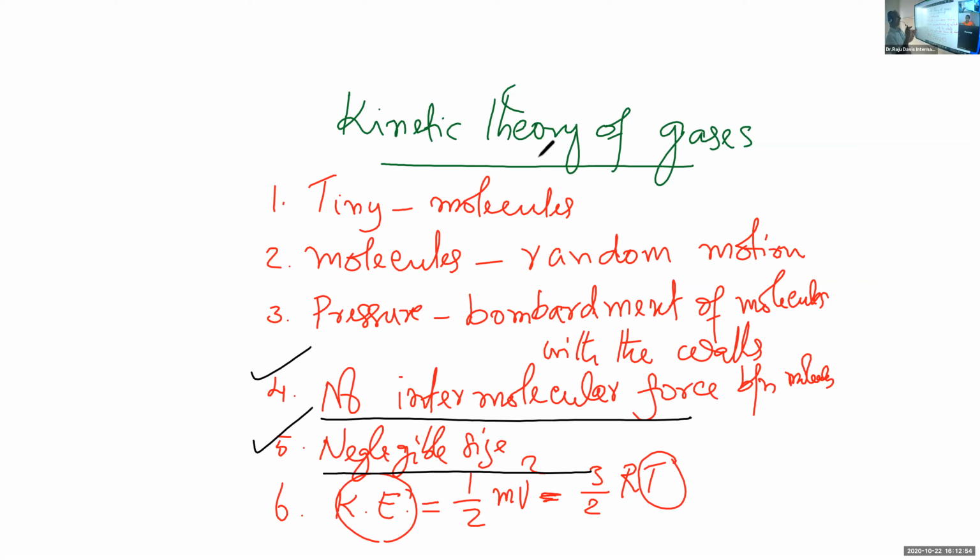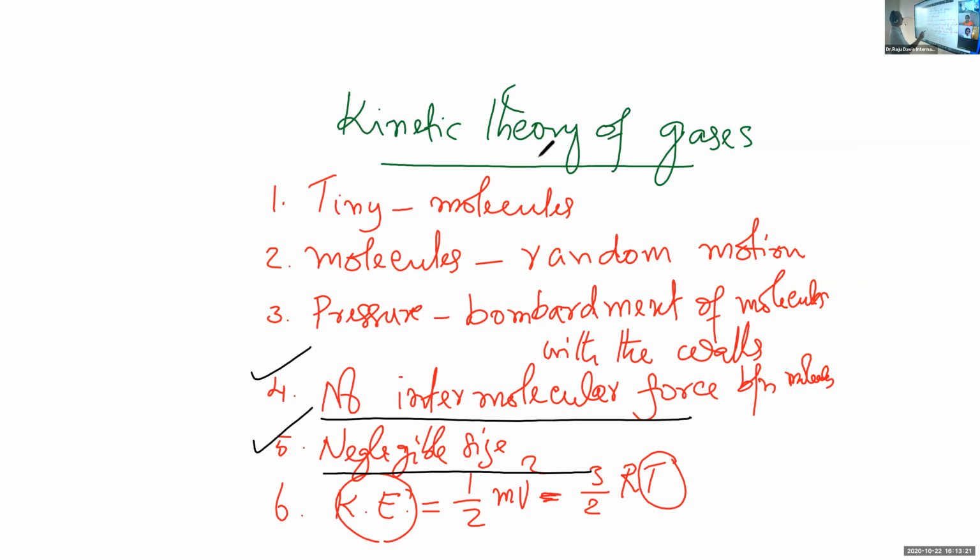That is true for ideal gases, but for real gases, there is intermolecular force of attraction. Second, the gas molecules are of a negligible size. The volume due to the gas is negligible, that is 0, so that the volume of the gas can be taken as the volume of the container.